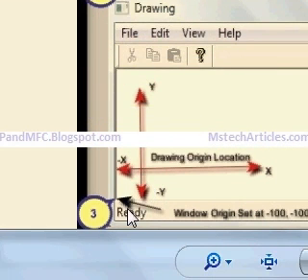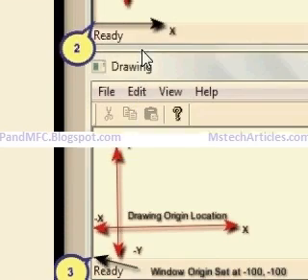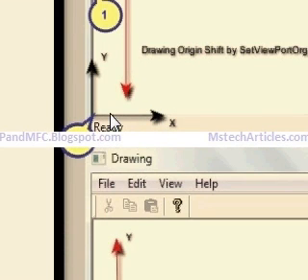Now the window origin is set here, and the viewport origin 0, 0 is here. So when you perform a drawing, if I specify 0, 0, that will be here after the window origin is set. If I don't specify any window origin and ask to perform some drawing at 0, 0, the drawing will start from here.